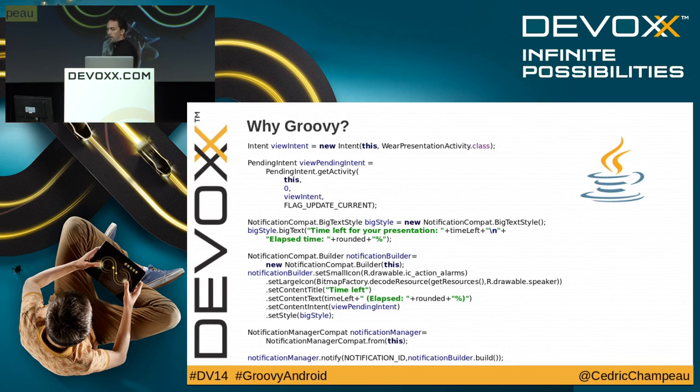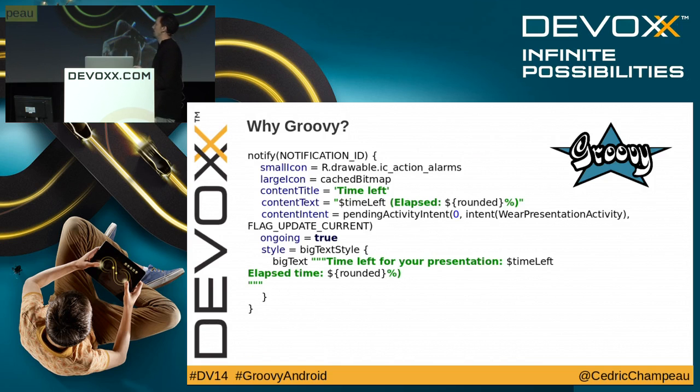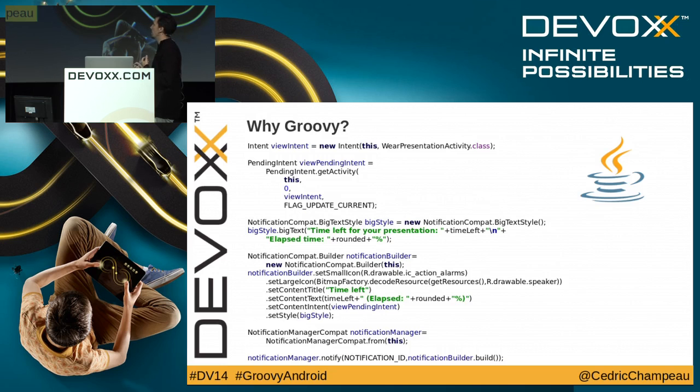So what I have done in my application is just wrap all this into a better API using Groovy. And I came up with this. It's just send a notification with the ID, and I say, okay, the small icon is this, the large icon is this, etc., the text. And all this code is strictly equivalent to all this one.